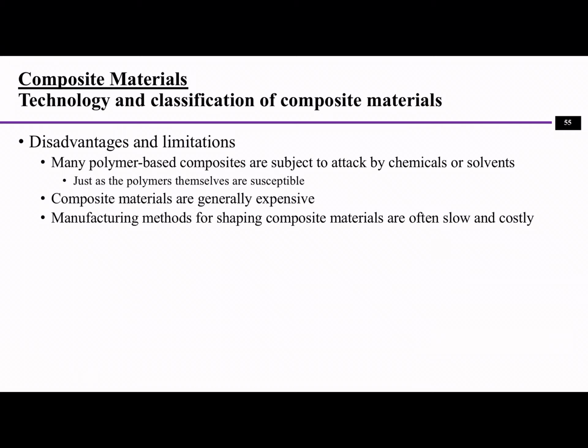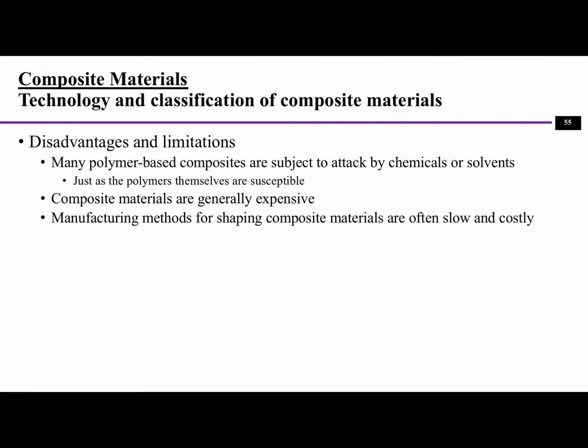Also, there are some disadvantages or limitations. For example, if you are using polymer-based composites, where the composite material has some polymer elements, usually they are sensitive to high temperature or some chemicals or solvents.